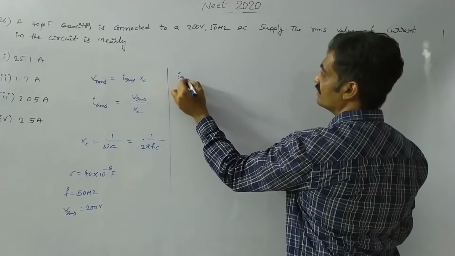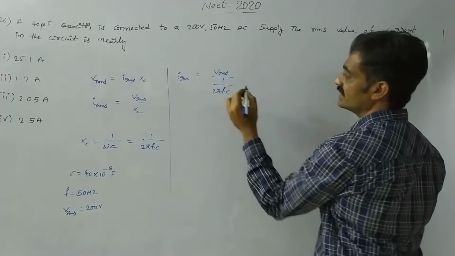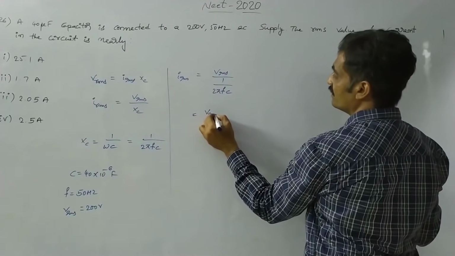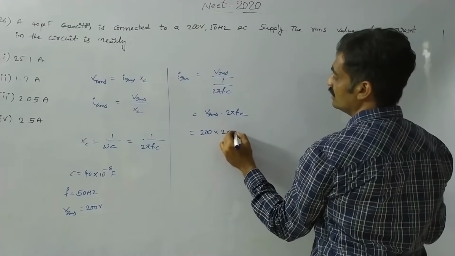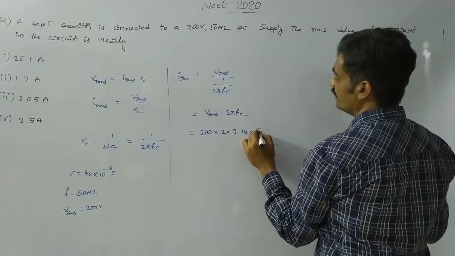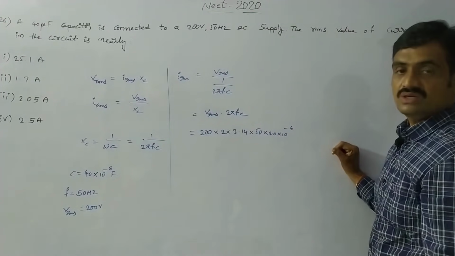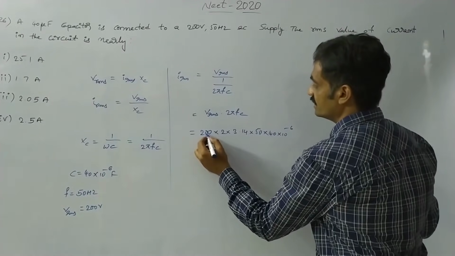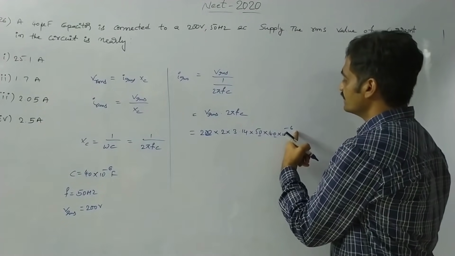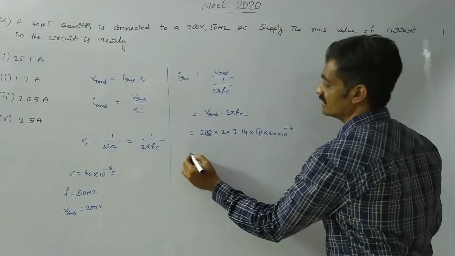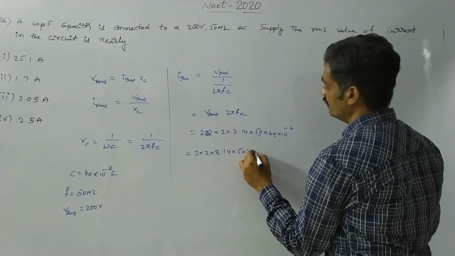I_rms equals Vrms by 1 by 2 pi f C, which is Vrms × 2 pi f C, equals 200 × 2 × 3.14 × 50 × 40 × 10^-6. So we have 2 zeros and then 1 and again 1, so 10^4 times 10^-6. We have 2 × 2 × 3.14 × 5 × 4 × 10^-2.